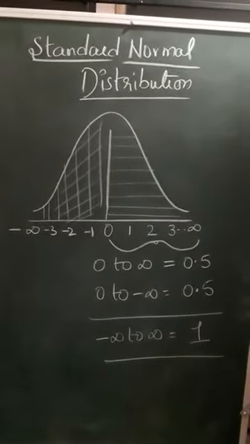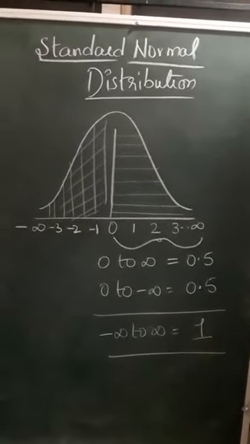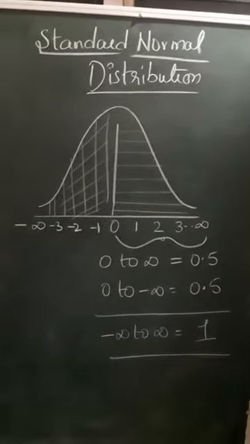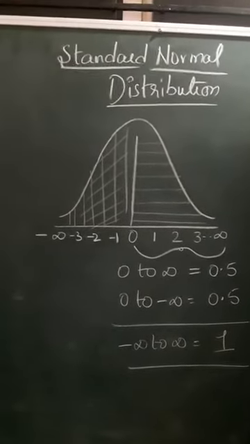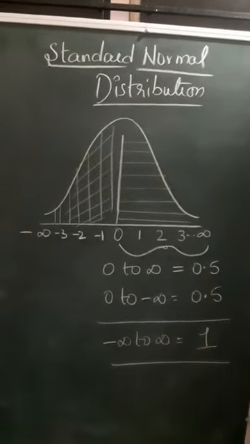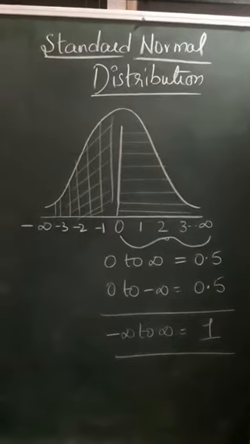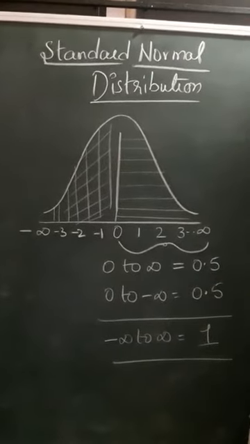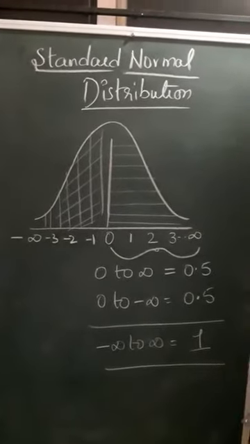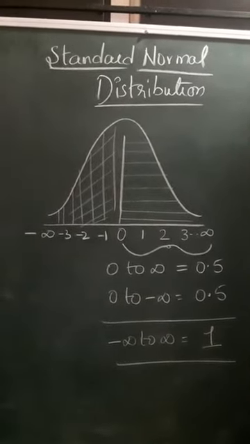And from 0 to minus infinity, what is the value? 0.5. Then the total area under the standard normal curve is equal to 1. So remember that value, 0 to infinity is 0.5. From the origin towards positive infinity, that entire area is covered, with value 0.5. And from 0 to minus infinity, the area covered is also 0.5.